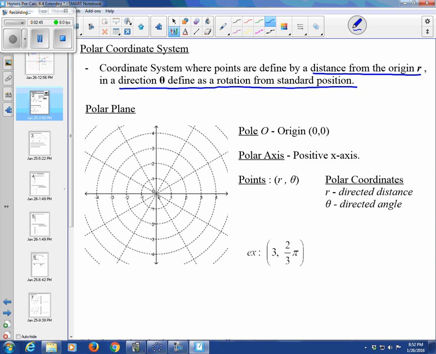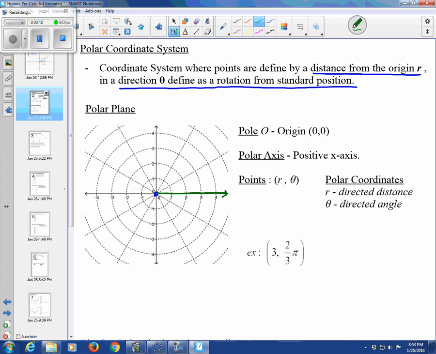When we're on the polar plane, we call this point the pole, and we refer to it as O, and it corresponds to the origin, the point 0, 0 on the xy axis. We call this line the polar axis, and it's going to be the initial side for all angles that define our points, or the direction our points are in.